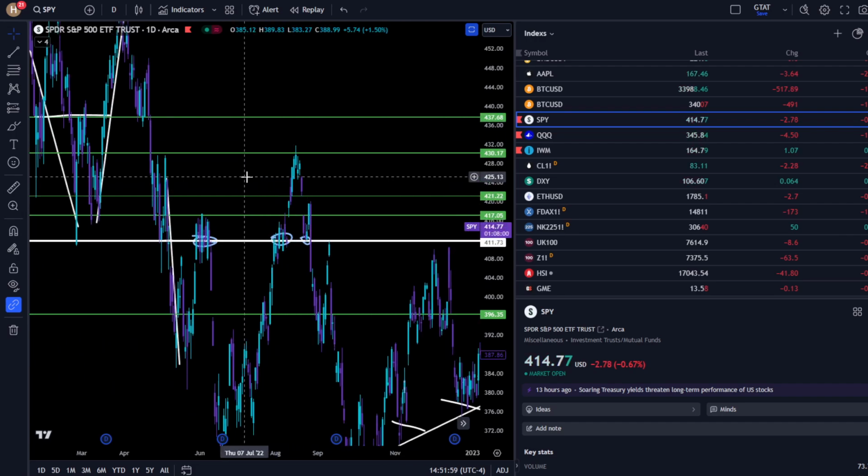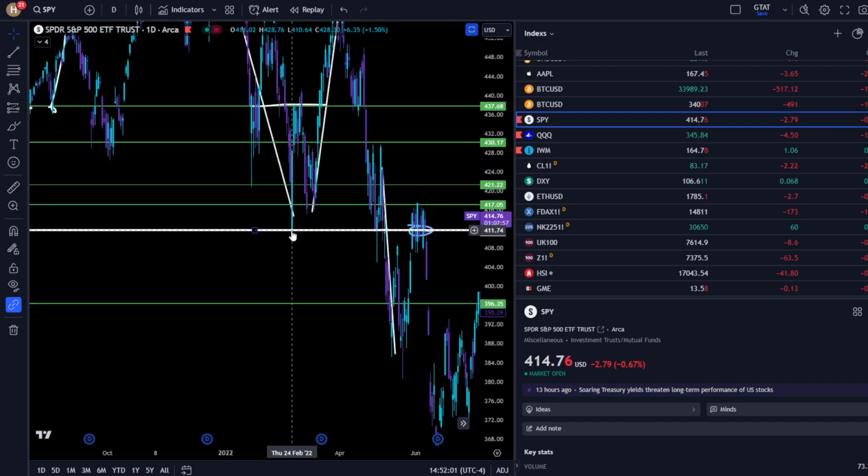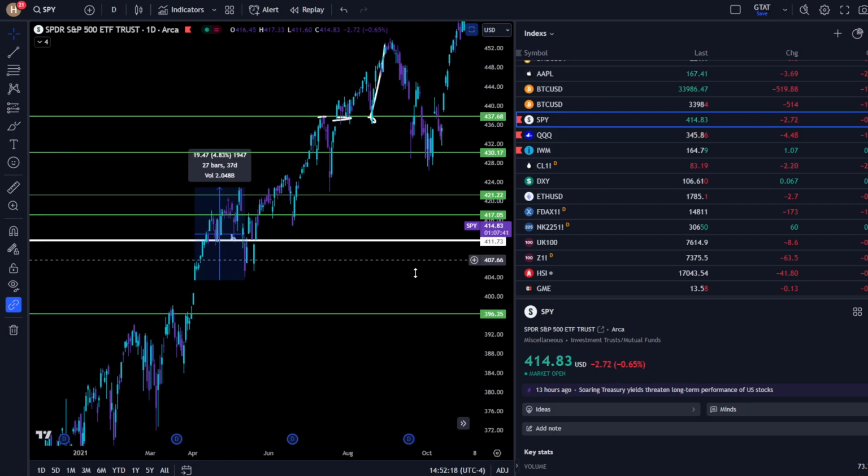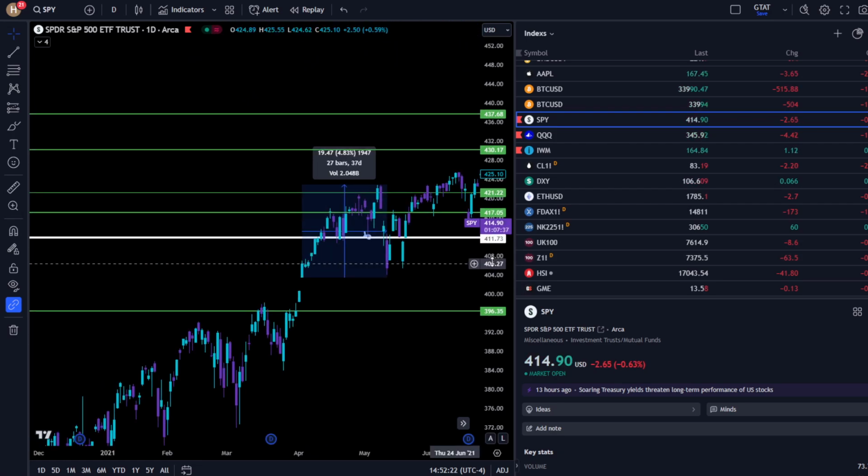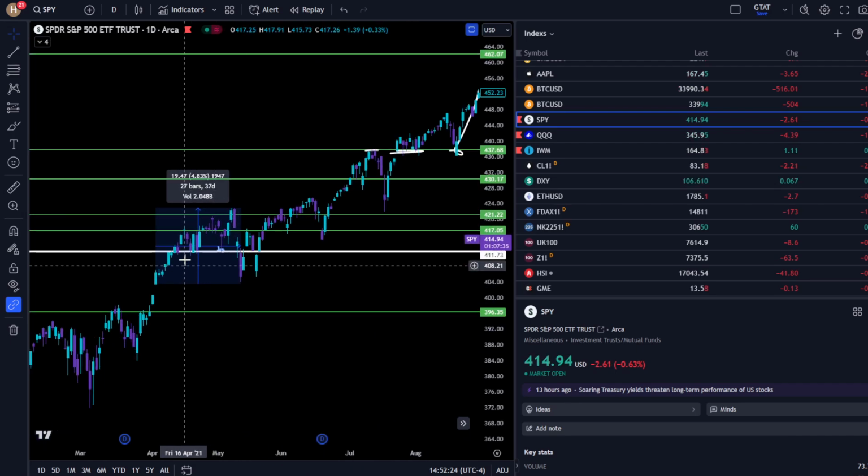This was a very key level dating back to the February 2022 lows, where we also went long and had like a 100% play on very safe contracts during the day. I got very aggressive towards the long side on this day, and we bounced right to that level. It goes back to April of 2021 where it was the initial breakout point.